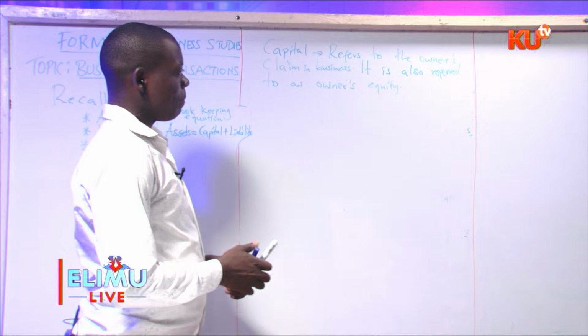With profits worth 70,000. And then we have drawings recorded as 10,000. We have what we call debtors recorded as 17,000. And the question is required.